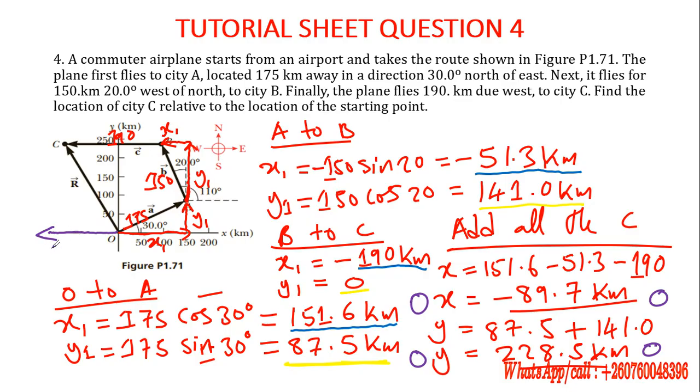So which means here we have negative 89.7 kilometers. This is what it means. We're trying to locate C. For you to locate C, just as you have seen, we need to move to the west, which is negative, that's why it's negative 89.7 to the west.